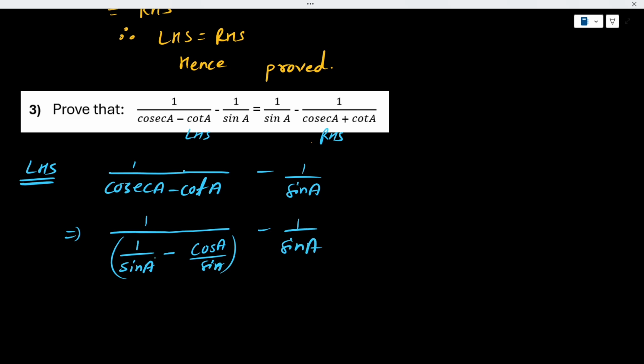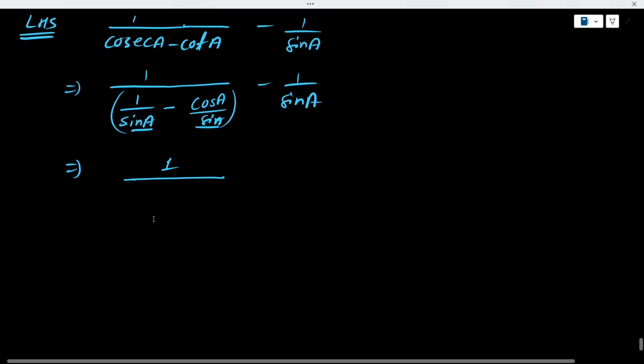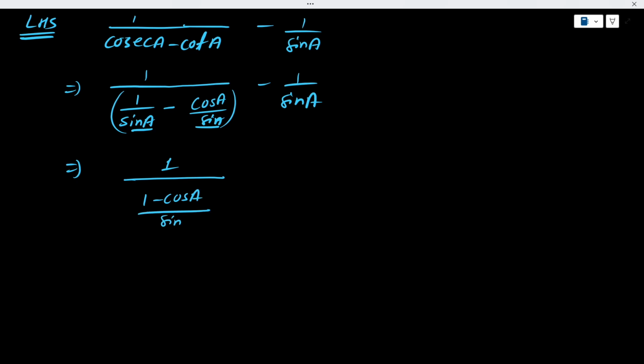Now you can see that the denominators are the same, so I can write it as a common denominator. The LCM is going to be 1 by 1 minus cos A by sin A. Still it is there in the denominator, so you can take the reciprocal of the denominator.